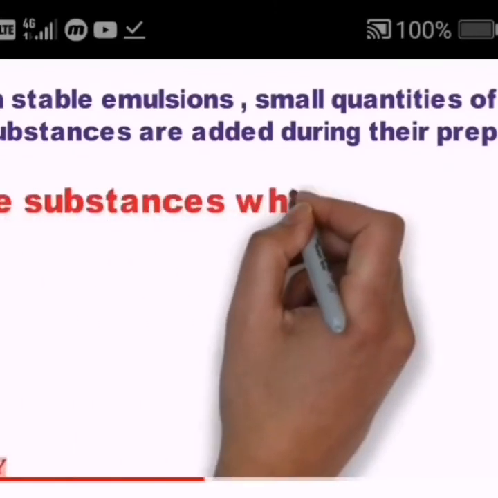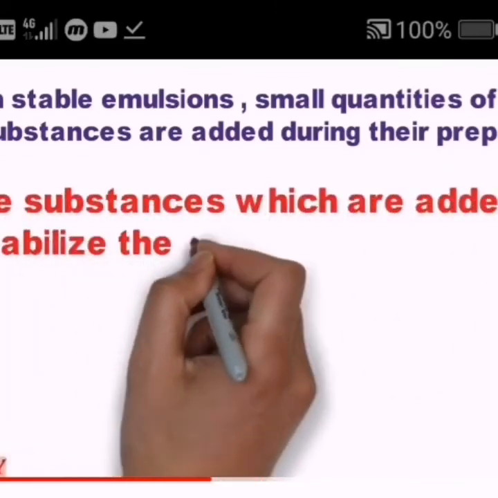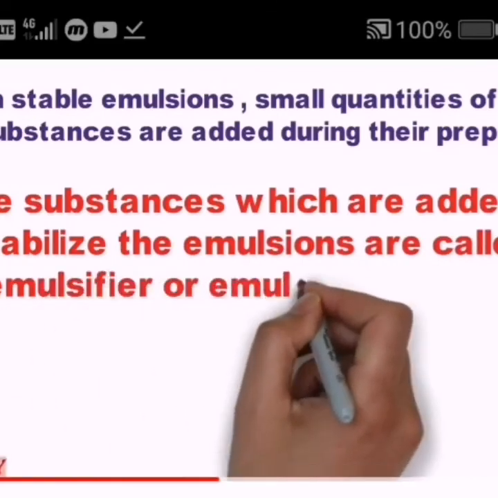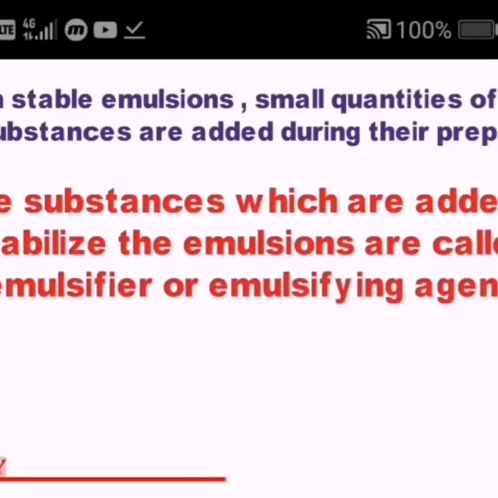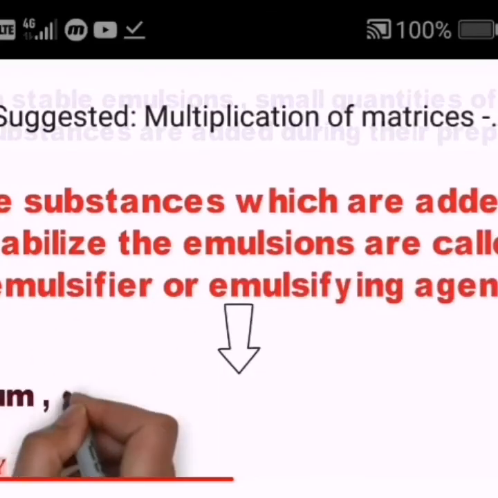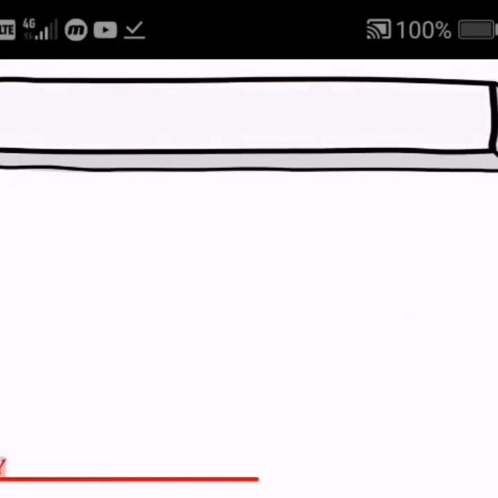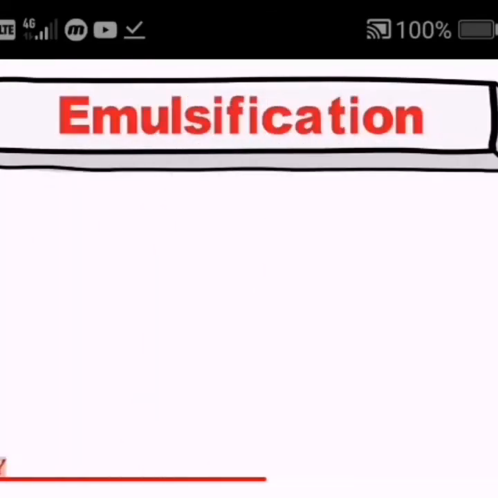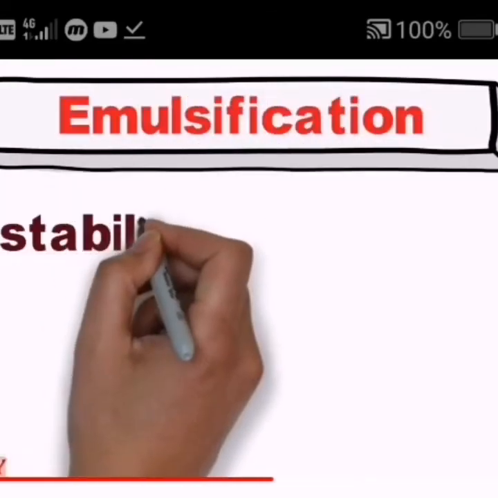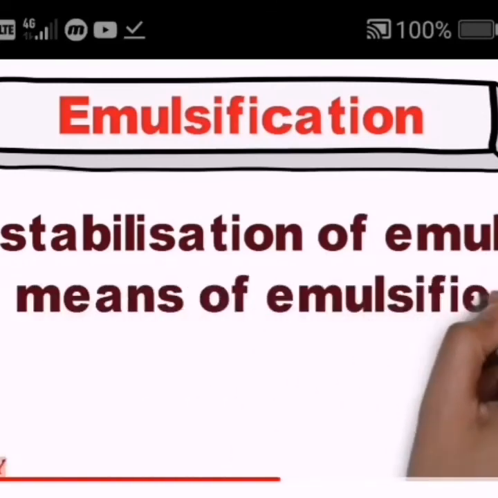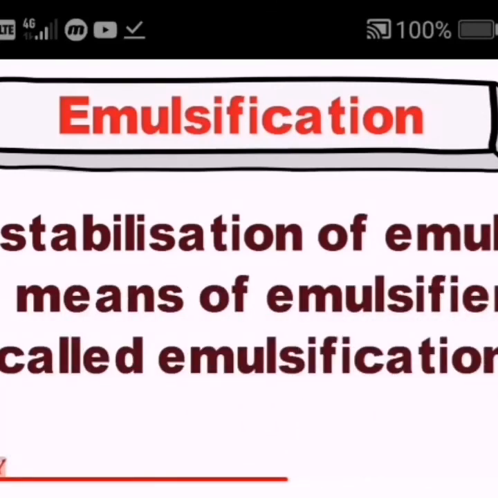The substances which are added to stabilize the emulsions are called emulsifiers or emulsifying agents. Some examples are gums, gelatin and soaps. Let's discuss what emulsification is. The stabilization of the emulsion by means of an emulsifier is called emulsification.